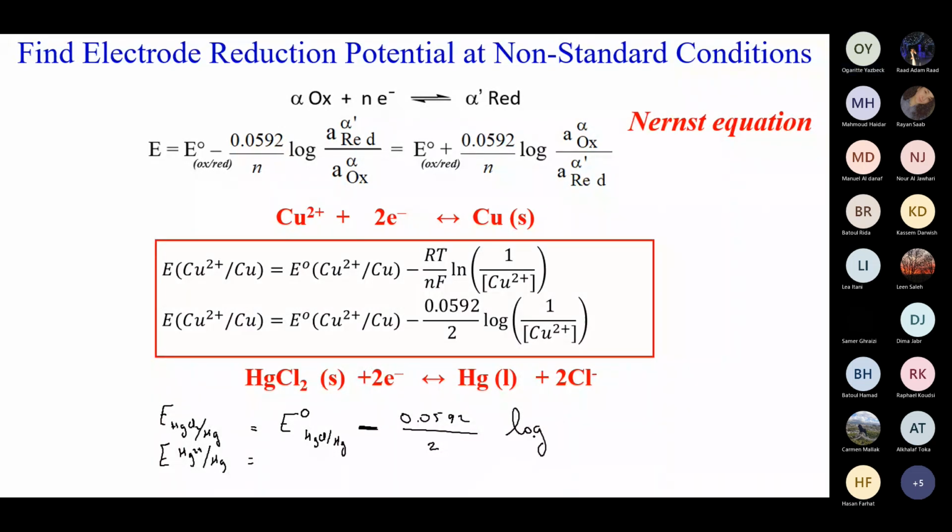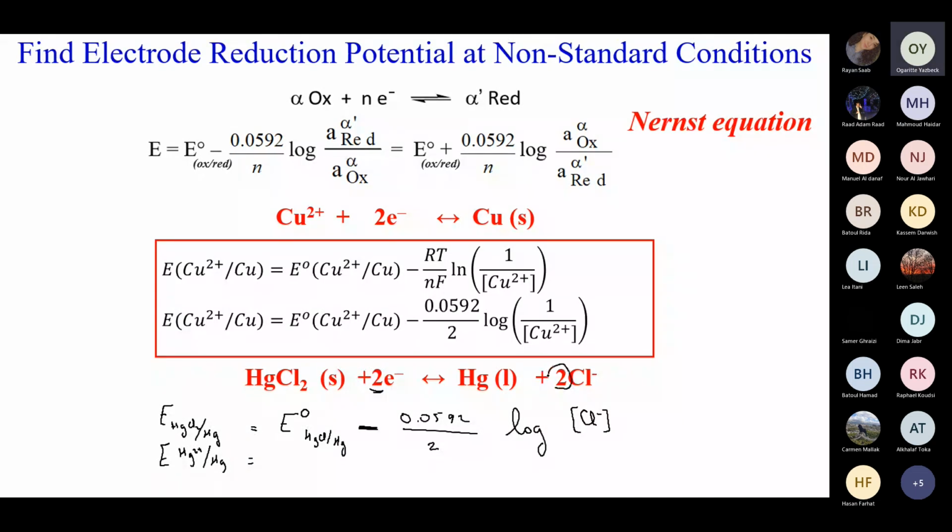Now 0.0592 over number of electrons transferred, which is 2, log products over reactants. Okay, so what's the products? Come on. We have only Cl minus, concentration of Cl minus squared because there is a coefficient 2.